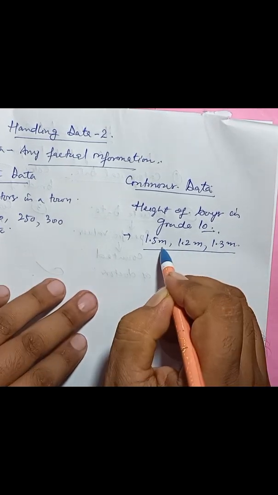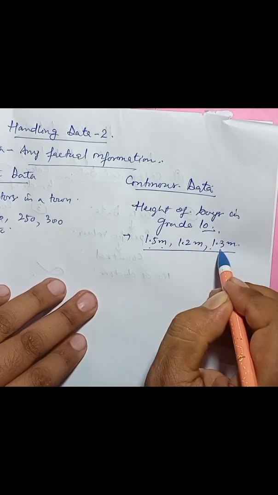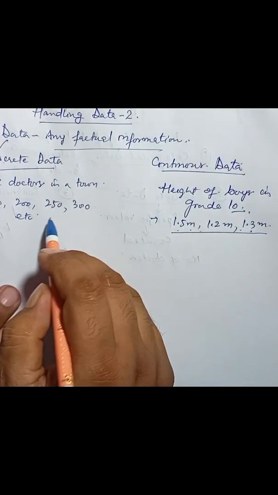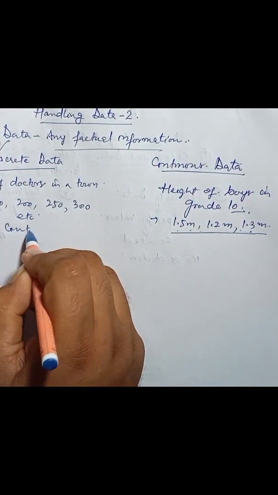You can see here decimal numbers and fractional numbers can come, and here always counting numbers are used.